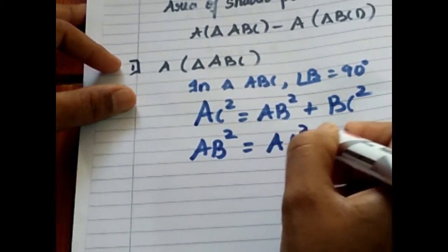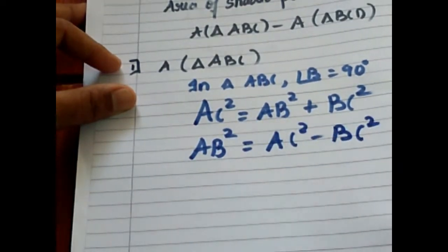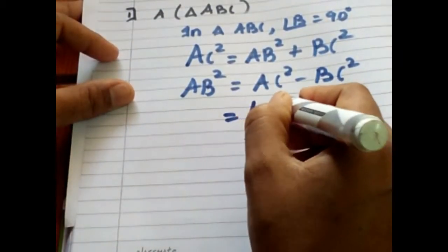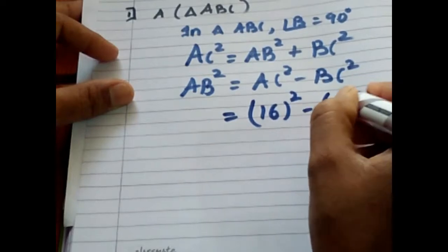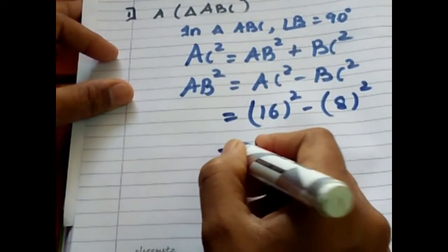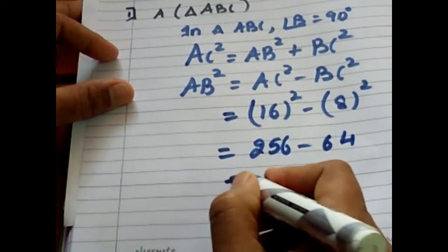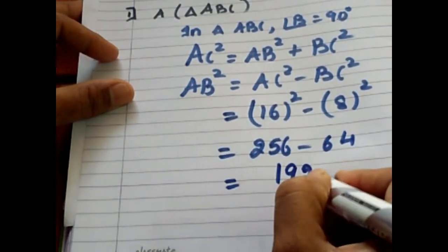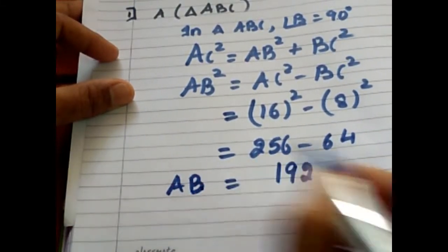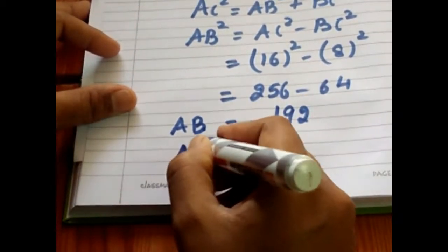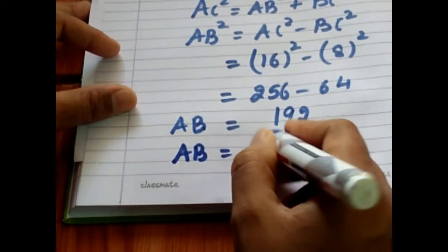So AB square is AC square minus BC square. The measure of AC is 16 and BC is 8. That is 256 minus 64, that is equal to 192.